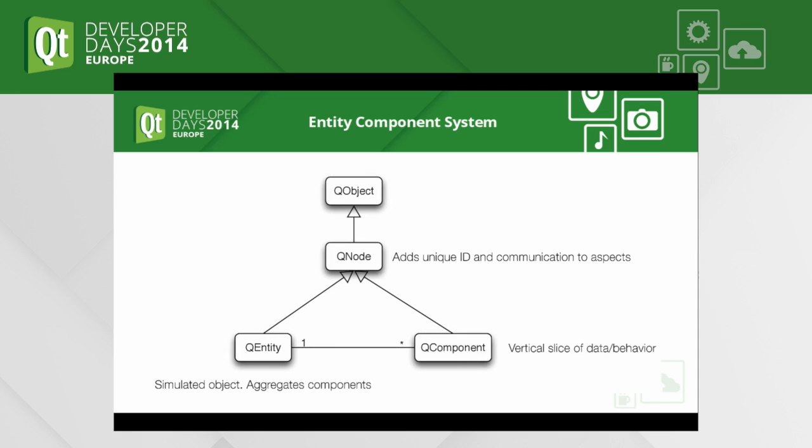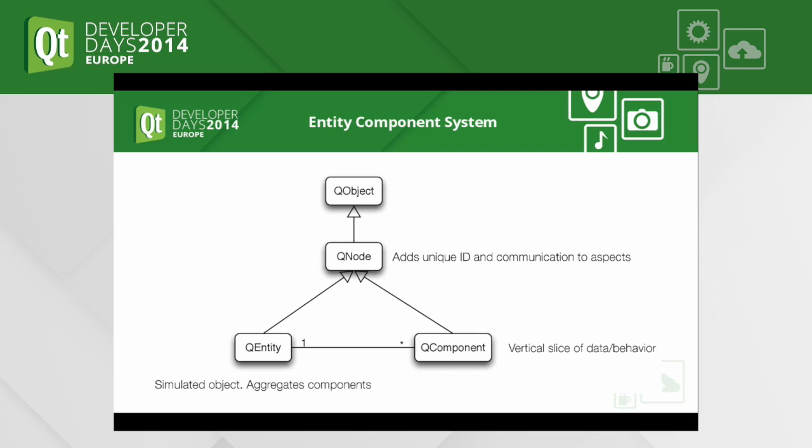Oh, here's the lovely diagram. Is this actually UML? You've actually bothered to do proper UML? Wow, haven't done that in a while. Oh, OmniGraffle, okay. I must work out how to read proper UML, yes. QNode inherits QObject, QEntity and QComponent inherit QNode.